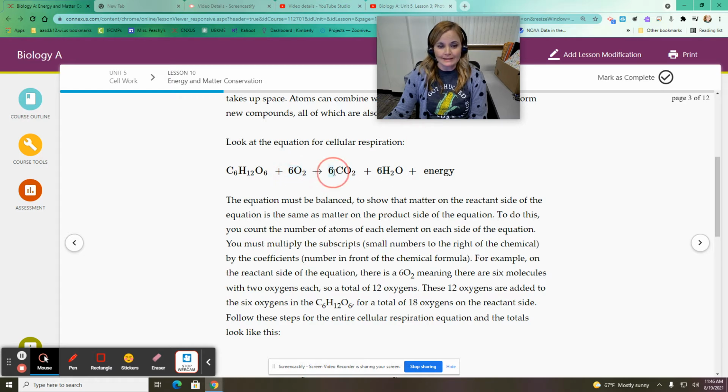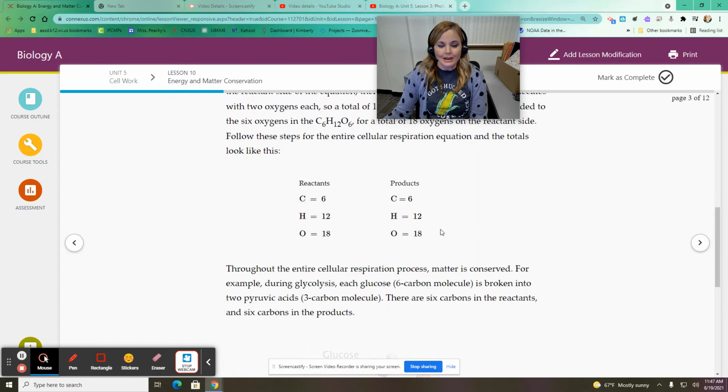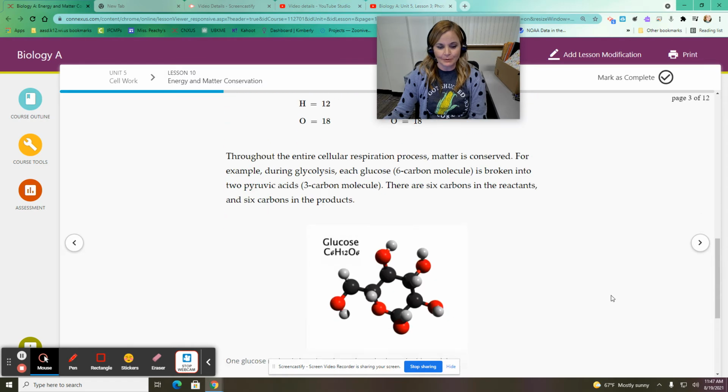And we have 6 of our O2s here, so that's 6, plus 6 in our H2O, so that is 12. So when we compare the reactants to the products, we will see we have the same number of every atom on either side. So 6 carbons, 12 hydrogens, and 18 oxygens on both sides.